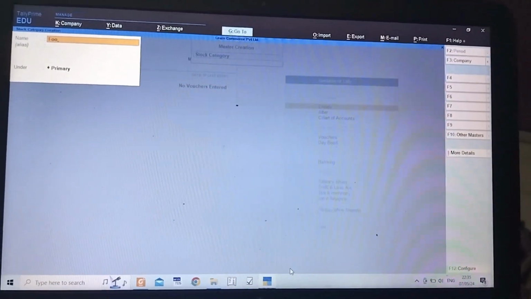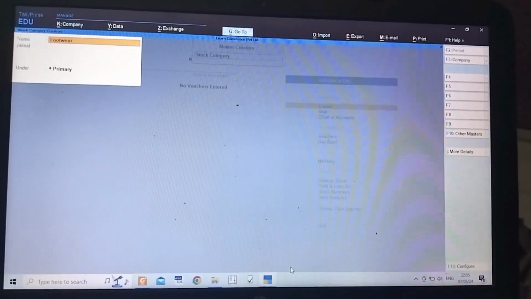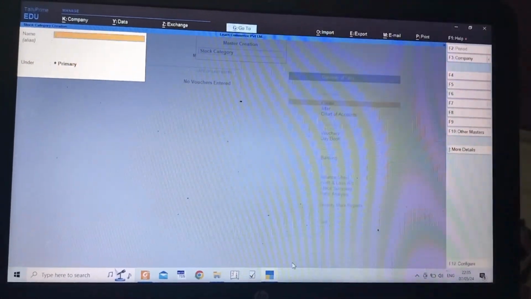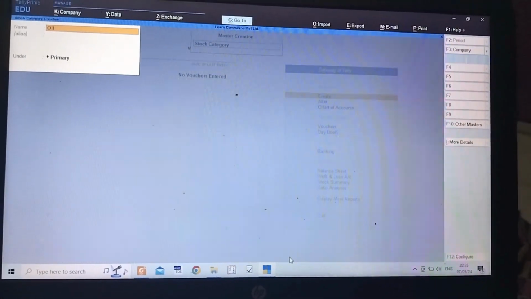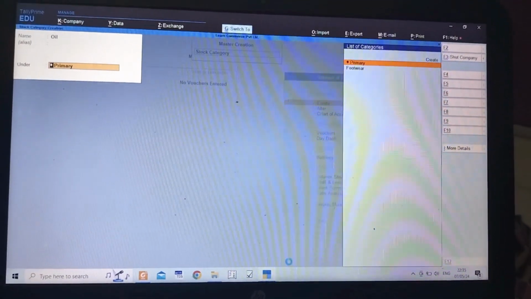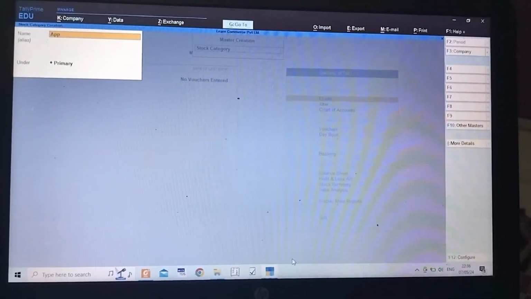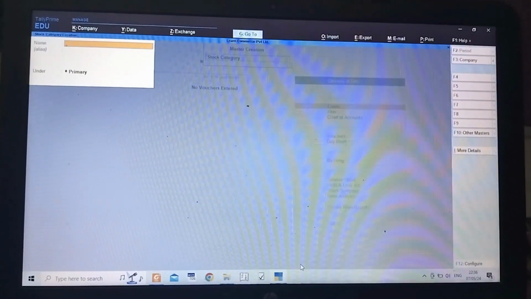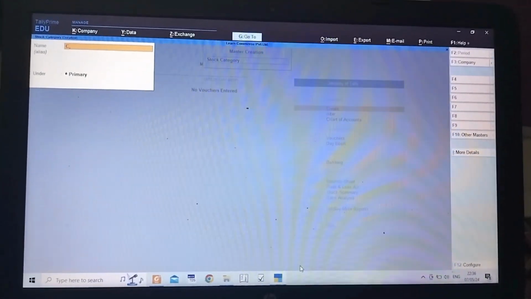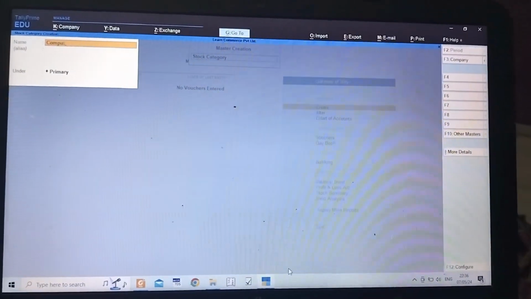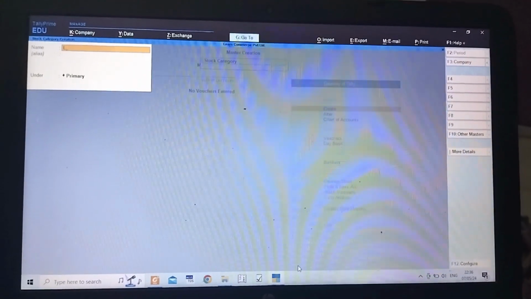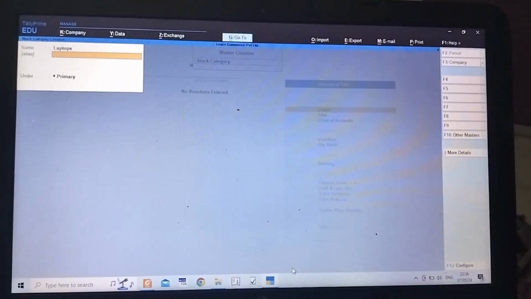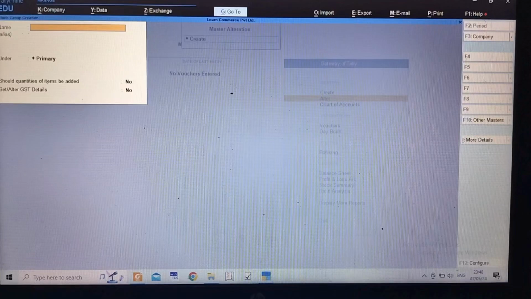The products you are dealing in, which category it falls under, like footwear, then I'll do oil. Now I'm creating stock group.